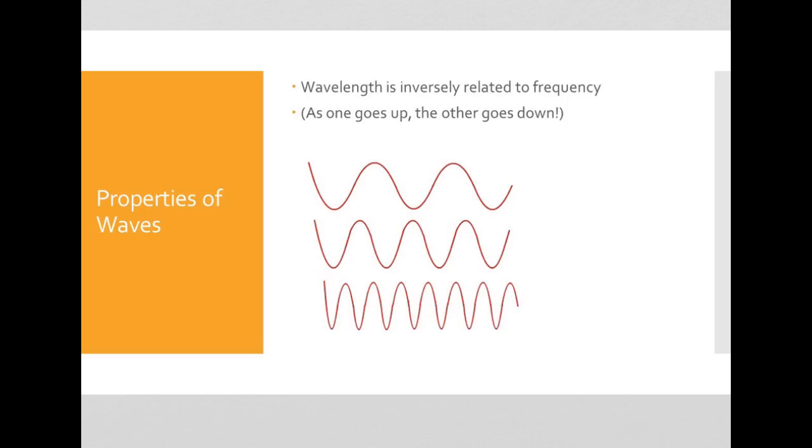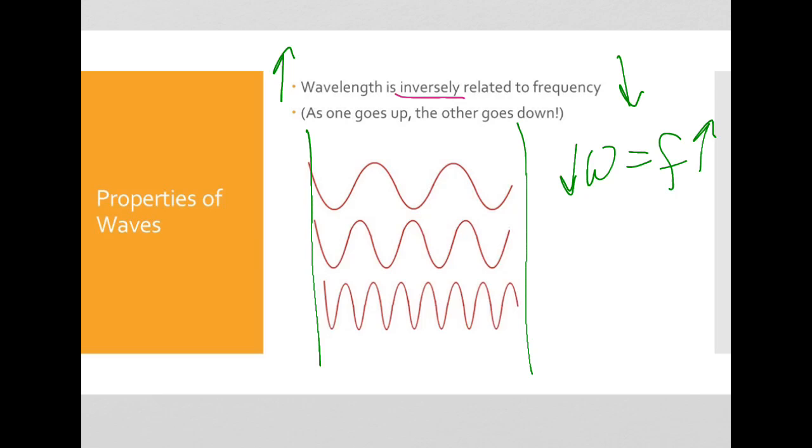Wavelength, as you could also imagine, is inversely related to frequency. What that basically means is similar to frequency and period being inversely related. As wavelength goes up, frequency goes down. Similarly, if wavelength goes down, frequency goes up. For example, here we have the same time frame for these waves. I have a long wavelength here, but in terms of how many waves pass this point in an amount of time, I have very few waves in this whole section here.